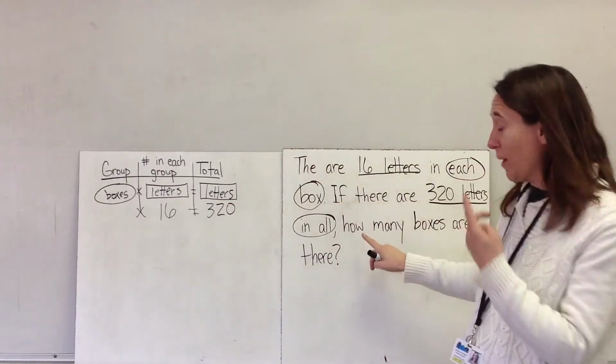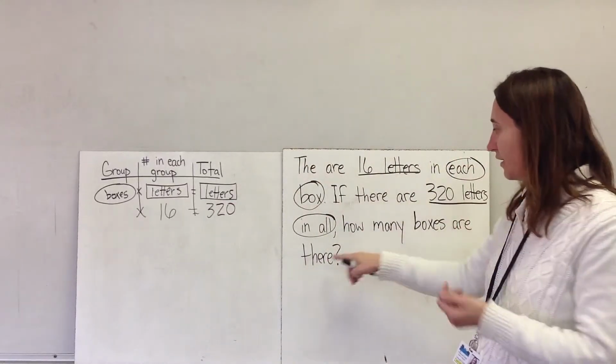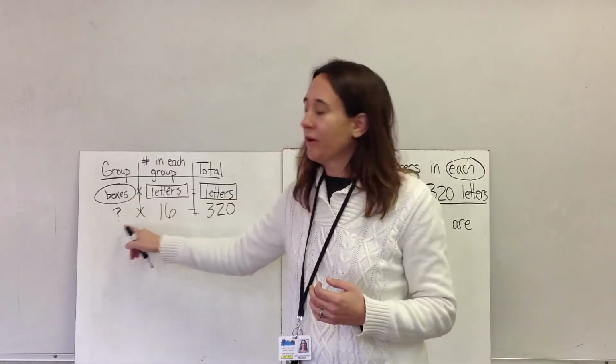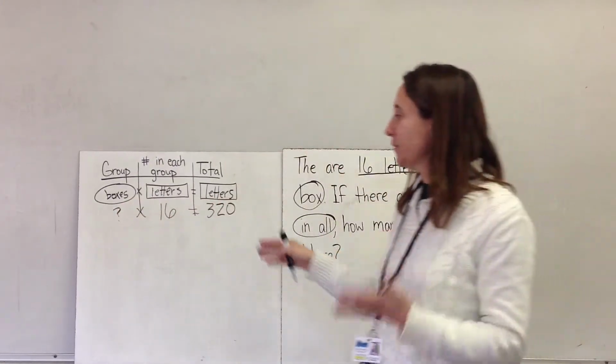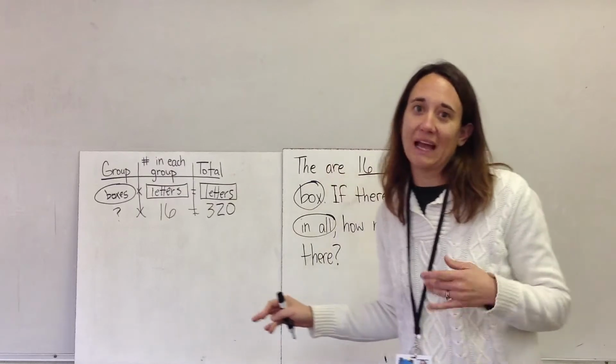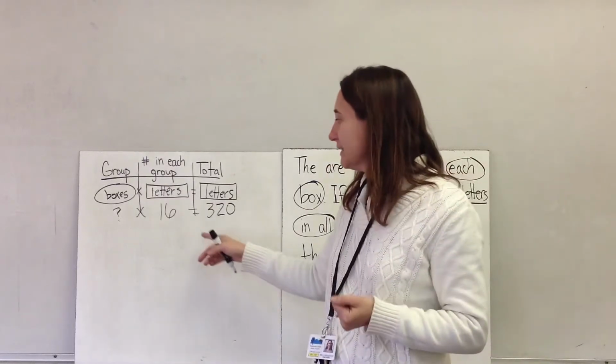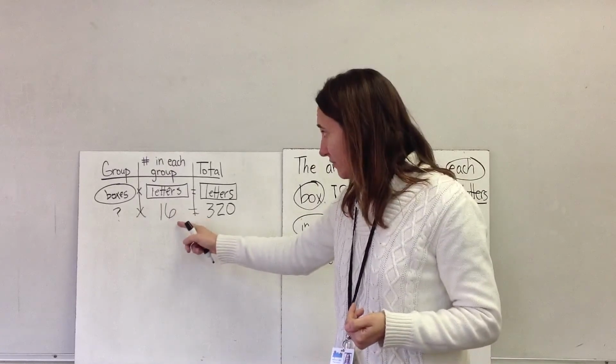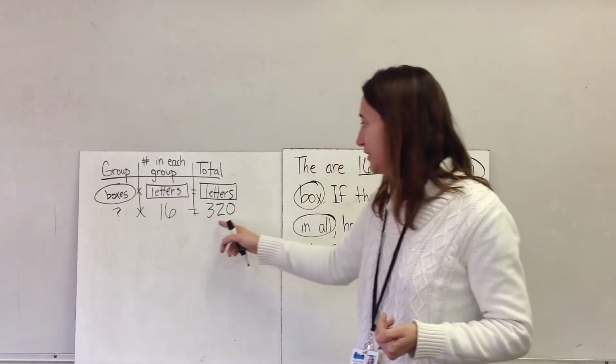And of course, we look at our question, which says how many boxes are there? Well, that's what we're missing, is boxes. In this case, we're missing one of our factors. And when we're missing one of our factors, this would tell us that we have to divide. So in this case, we would need to know that we divide our number in each group into our total.